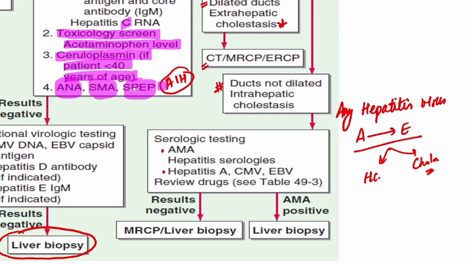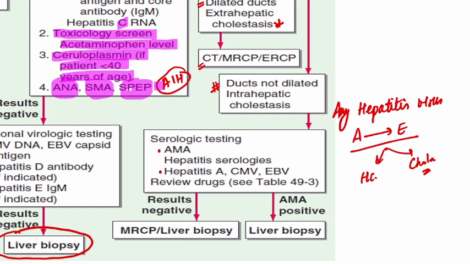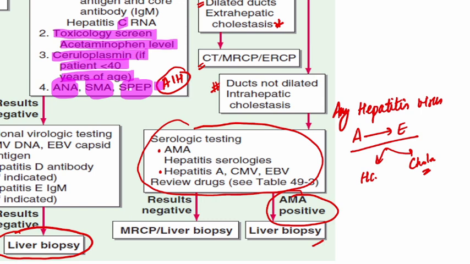In this case, after doing ultrasound, if ultrasound is negative, we will do these tests. If AMA is positive, we have to do liver biopsy, and if the results are negative, again we have to do liver biopsy, but we can do MRCP first of all.